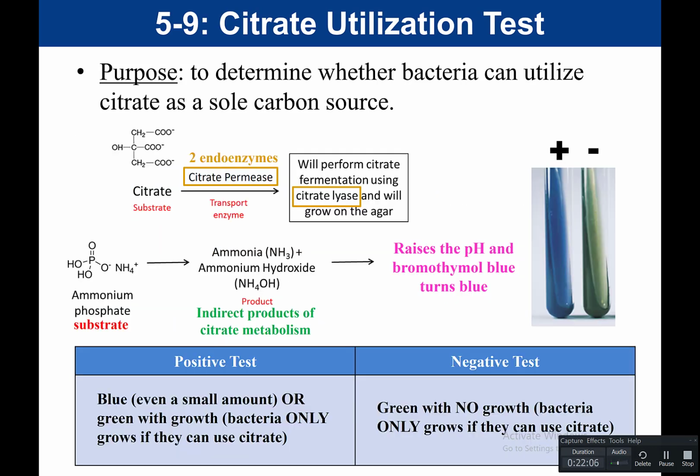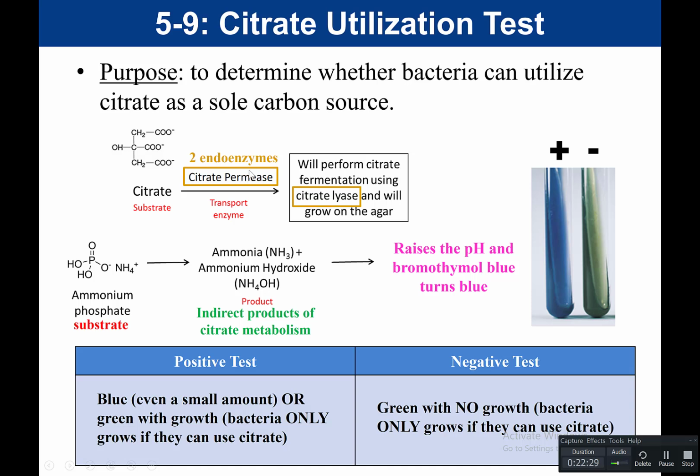For this test, you again want to study your biochemical sheet. And so when you fill out your biochemical sheet for this, we have two substrates that you should record. The citrate, this is your source of carbon, and the ammonium phosphate, which is the source of nitrogen.